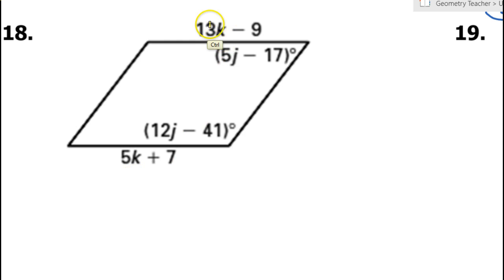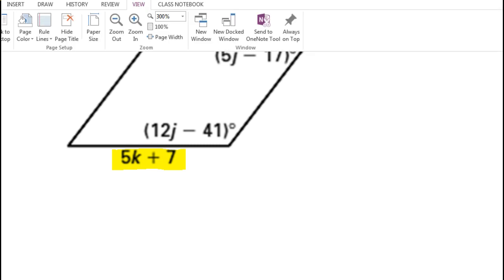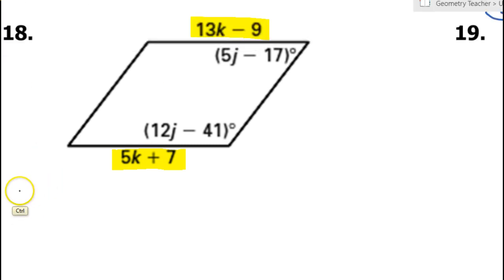Okay, now we have opposite sides and we have consecutive angles. Opposite sides are congruent, so I can simply make the equation 13k minus 9 should equal 5k plus 7.